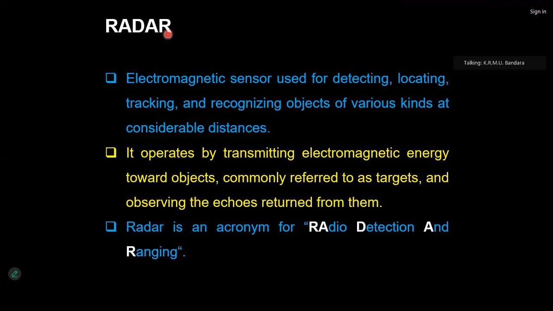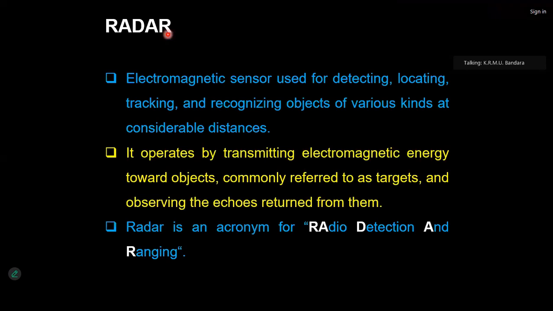This is how the radar is operating: transmitting electromagnetic energy towards the target and observing the echoes, the reflected signal returning from the target. This electromagnetic energy they are generating itself and sending it to the target.